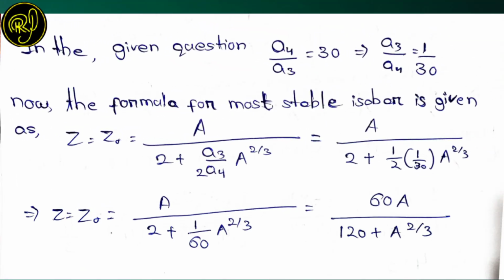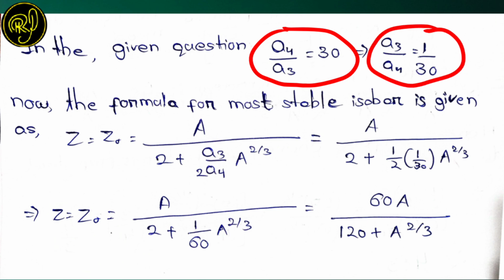In the question it is given that the ratio A4 by A3 is equal to 30. So if I take its reciprocal, A3 by A4 comes out to be 1 upon 30.